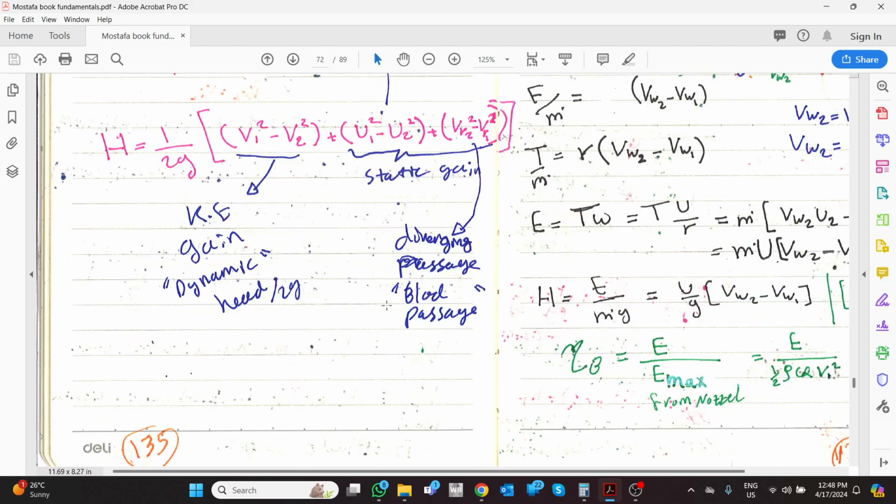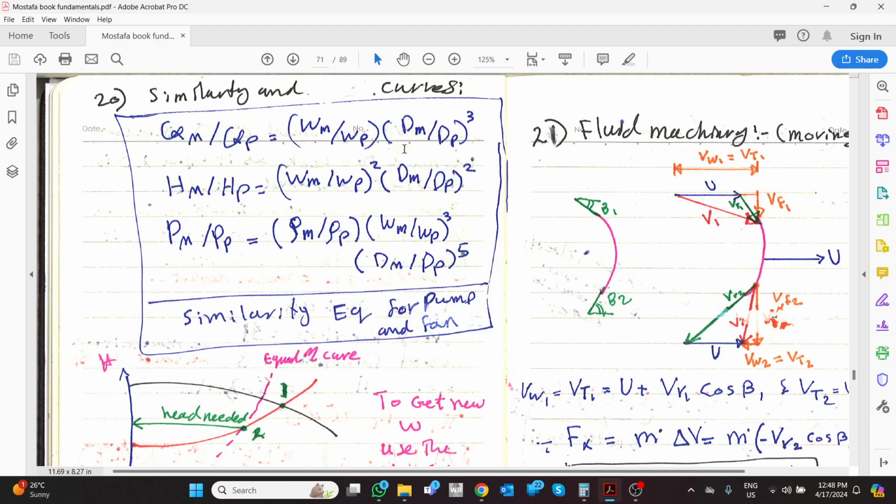Let's check the similarity equation. Voila, it is the same. And of course you can remove one part and put one part.